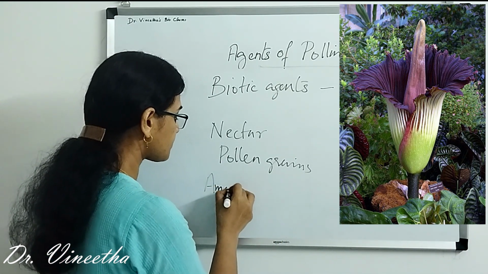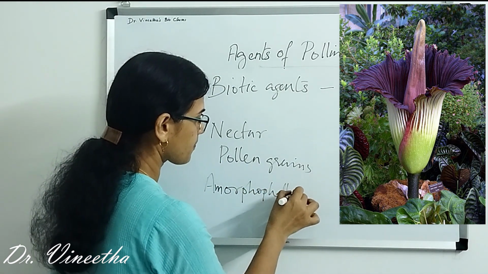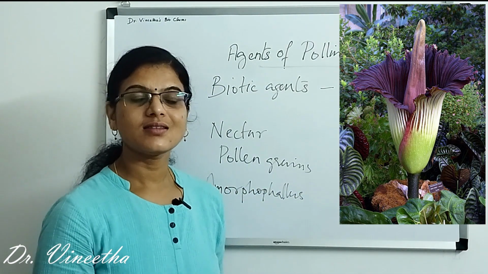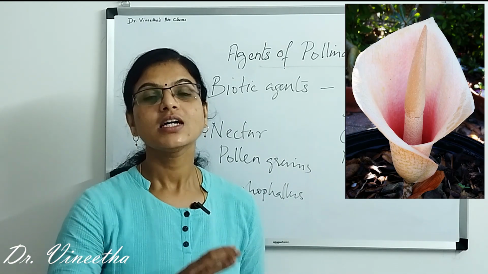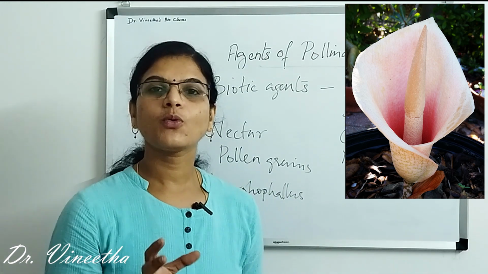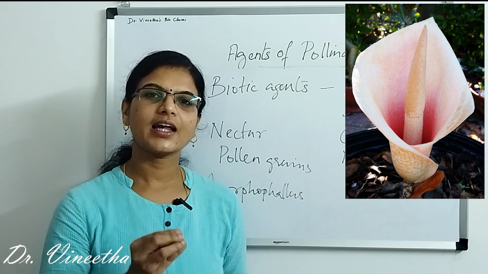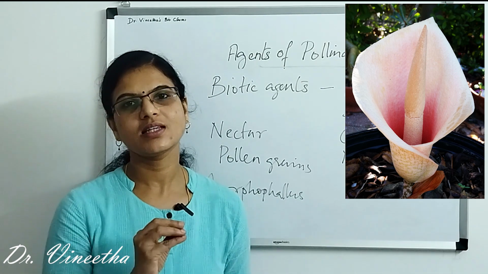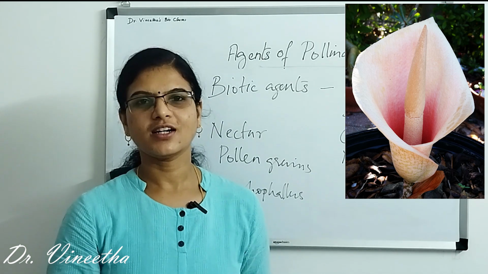Amorphophallus is the tallest flower. Its height is about 6 feet. And these flowers provide shelter to certain animals so that they can lay their eggs within this flower and thereby help in the pollination of the flower.